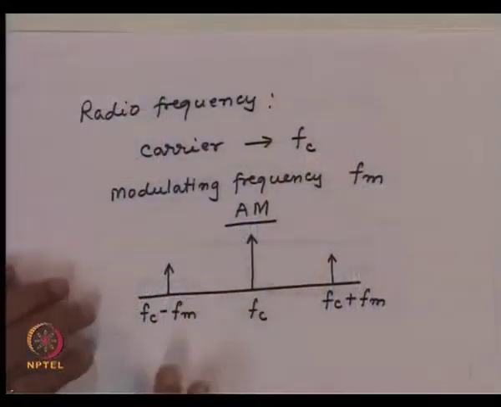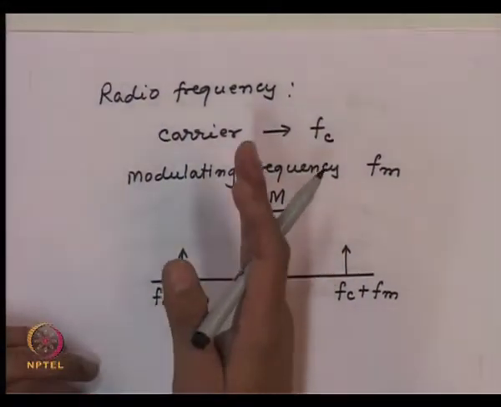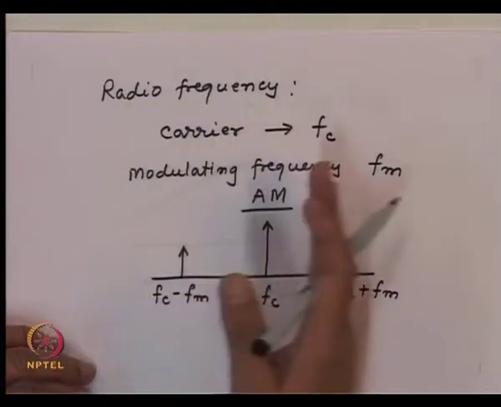And obviously, when this happens, something fundamentally changes, conceptually changes. So, the modulation process in optical is not the same as what we can visualize for the radio signals. In radio signals we have very clearly seen the carrier and we can very clearly see the sidebands.